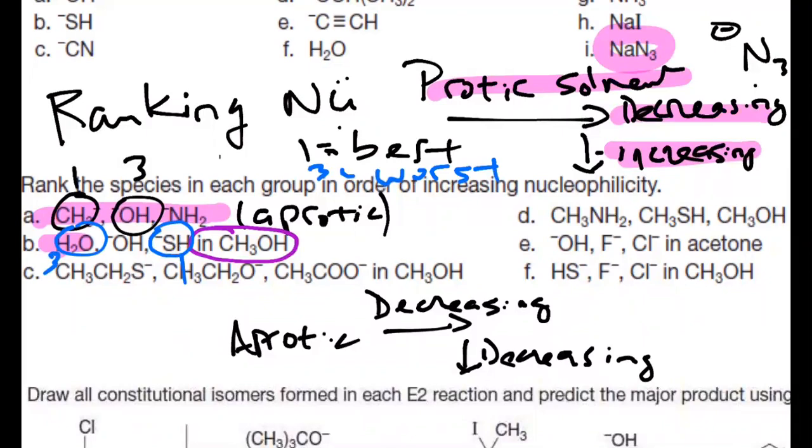So as you go down a group in the periodic table, in a protic solvent, the nucleophiles get better. Is that right? Yes. Did that answer your question?